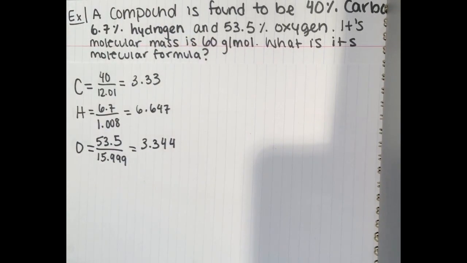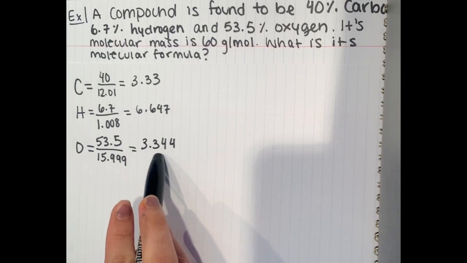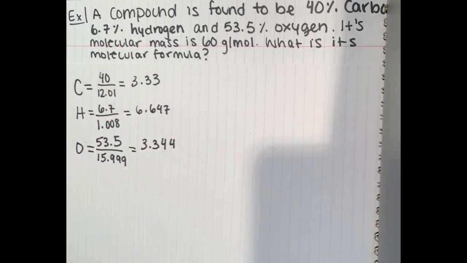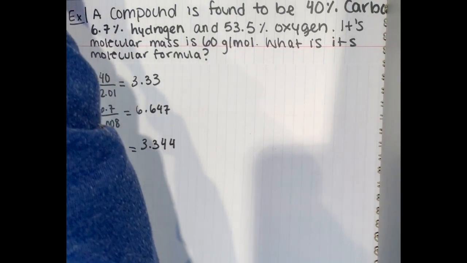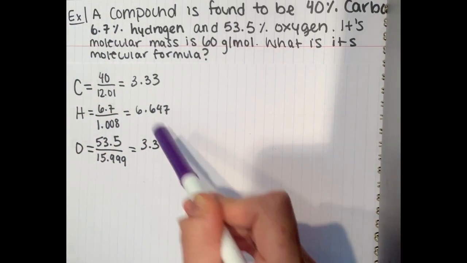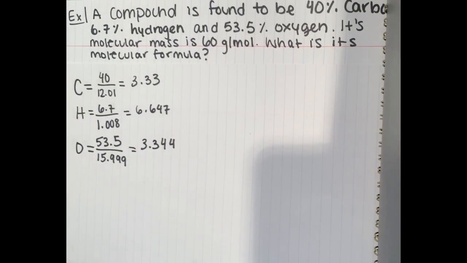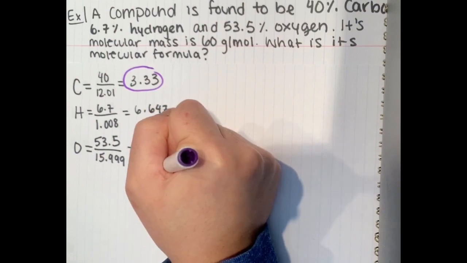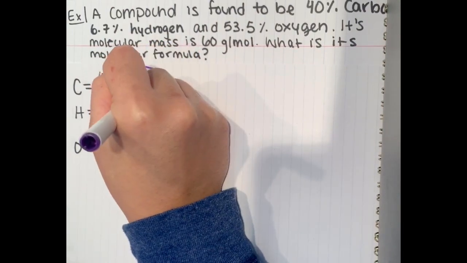Step two is, now that you have these values, you're going to figure out which one is the lowest, and you're going to divide all of them by the lowest value. These two are basically almost the same number, but I'll say this is the lowest, and I'm going to divide each number by that value.